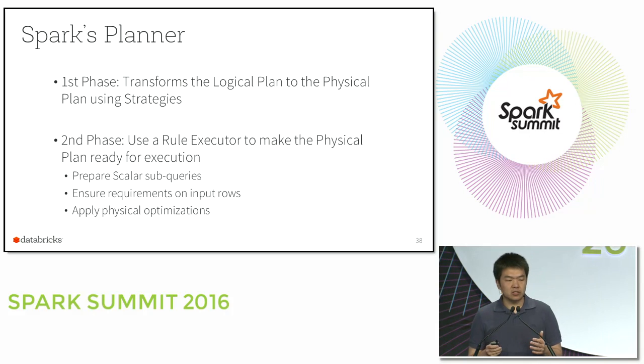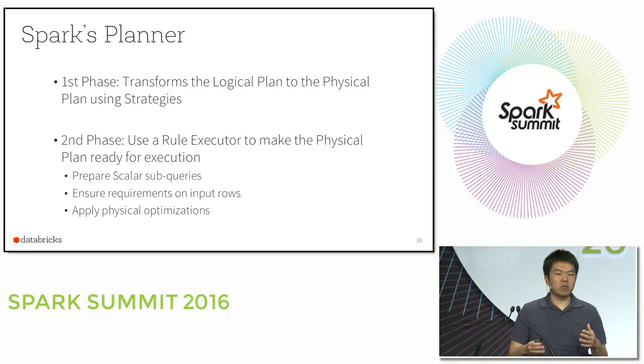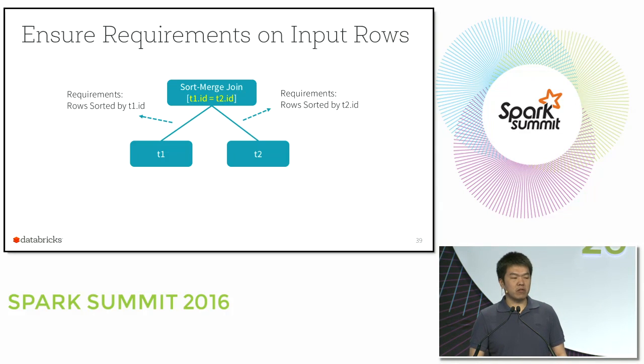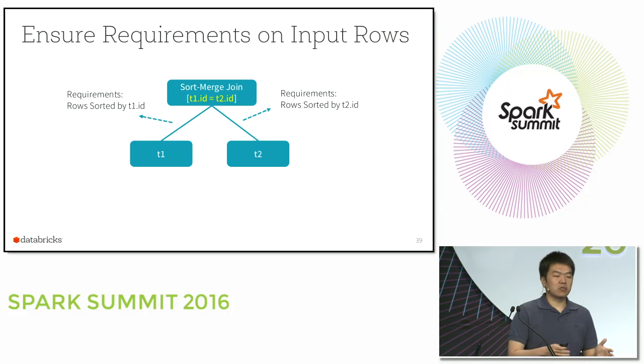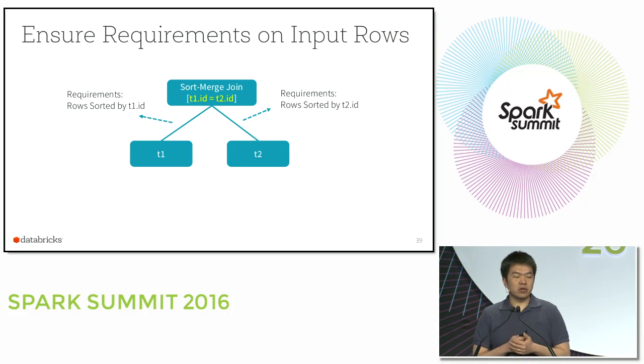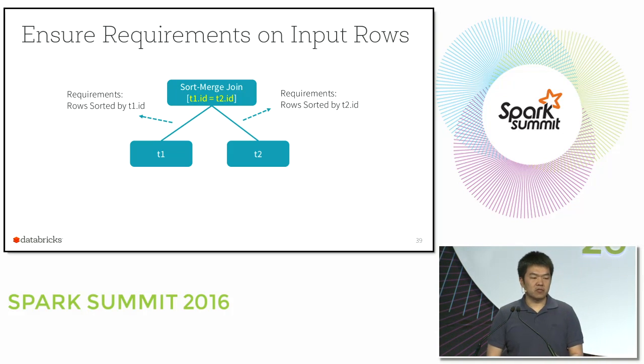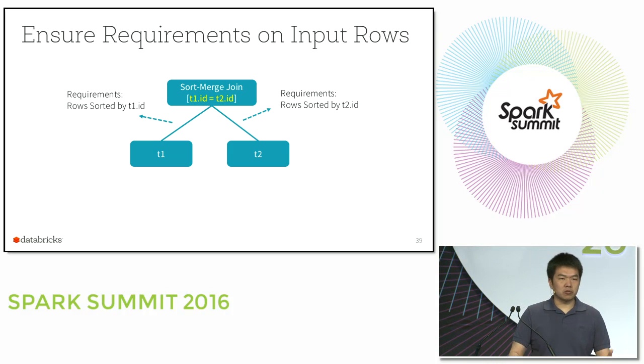Let me use one example to help you understand what we do in the second phase. The example I would choose is ensuring requirements on input rows. For a physical plan, for example sort merge join, it has requirements on how its input rows need to be organized. For sort merge join, we want to make sure the input rows are sorted based on the join condition.